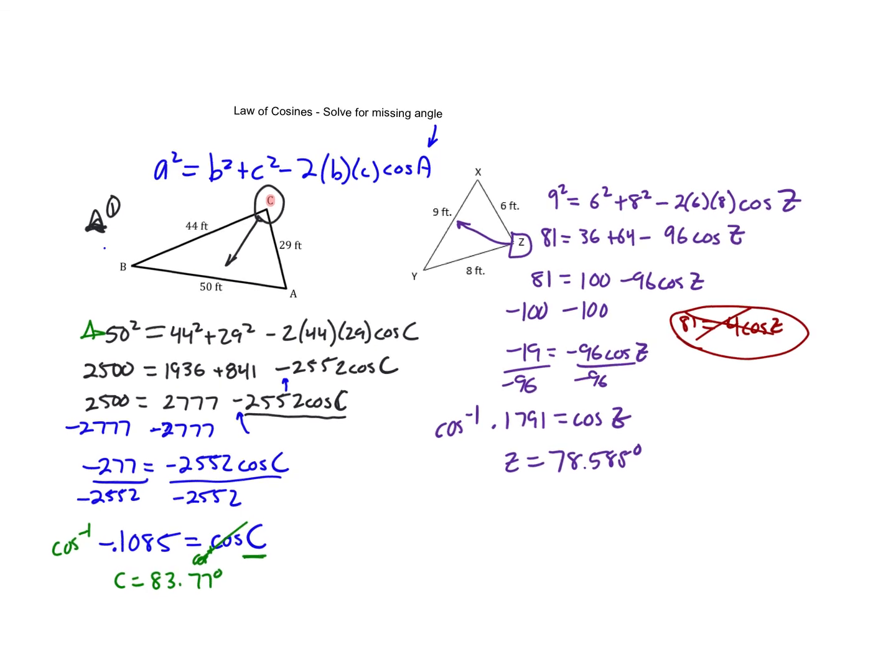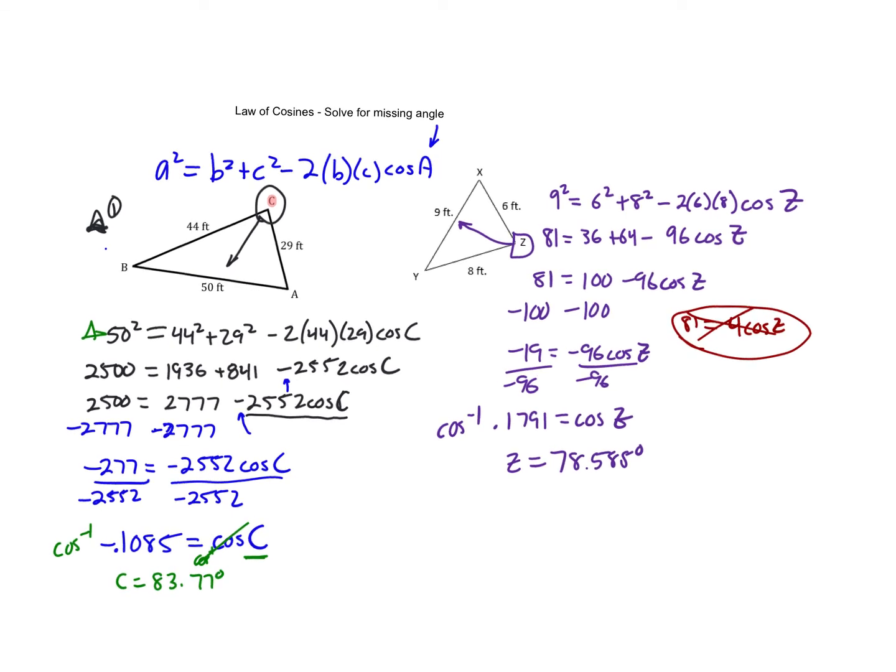So those are my two examples on how to solve for the angle. Be very, very careful at this step. And to solve, you're just going to take cosine inverse of whatever that decimal is, and that'll give you your answer.